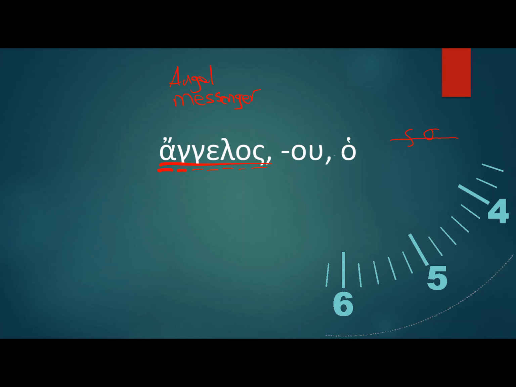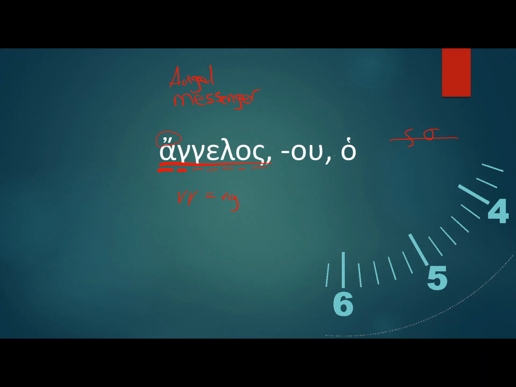Okay? So one other thing to point out is that we have a gamma together here. And when a gamma comes together, it makes an NG sound. Angelos, angelos. Okay? Note again our breathing mark and our accent mark.